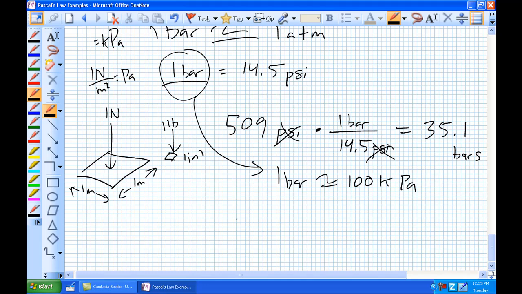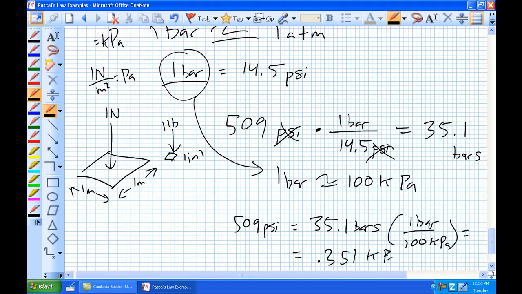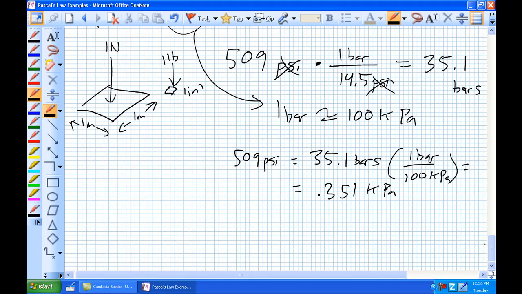Okay, so if someone gives me a pressure of 509 psi, and I know that means 35.1 bars, what is that pressure in the SI system? Well, 1 bar is equal to 100 kilopascals, so that's 3,510 kilopascals. Okay, so it's just a convenient bridge unit.